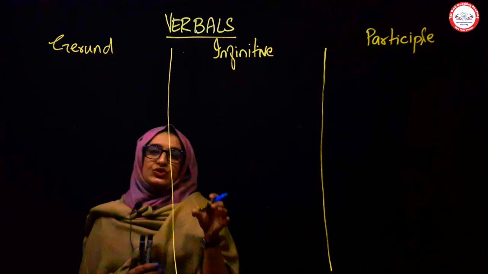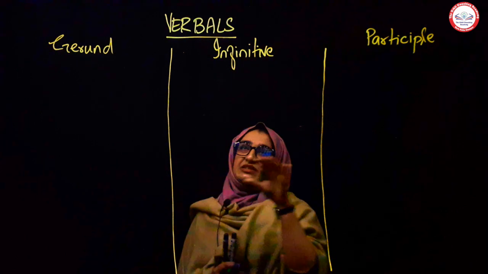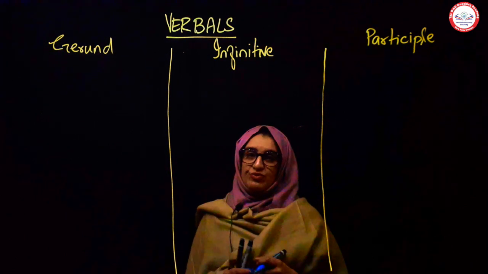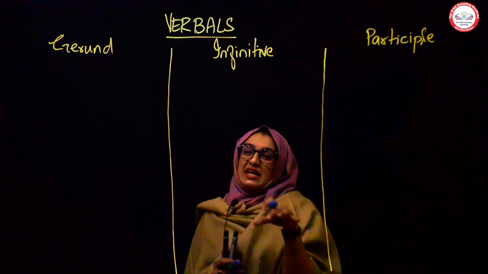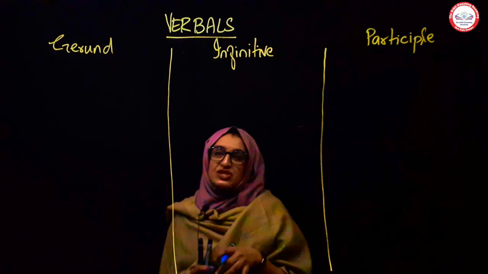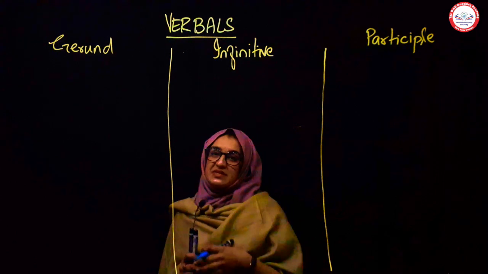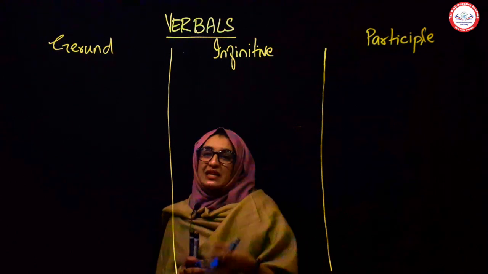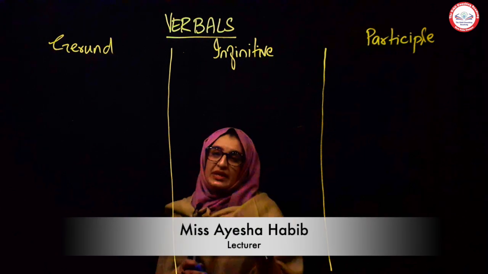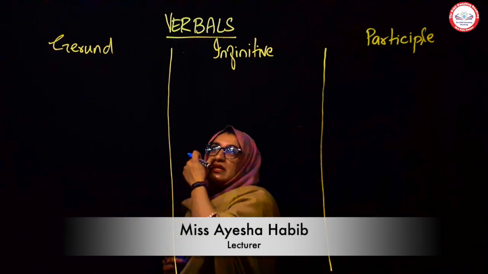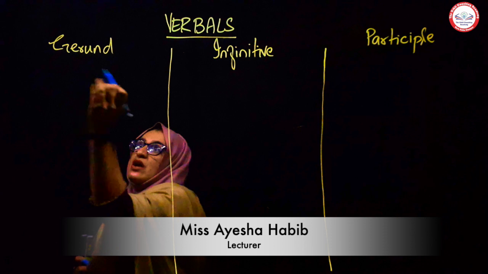First of all, we need to know why we are going to learn these three further subtypes of verbals. Because sometimes these verbals, these action verbs, do not perform the function of an action verb. Sometimes they are action verbs, but sometimes they are just working like a noun. For example, let's start with a gerund. What is a gerund?